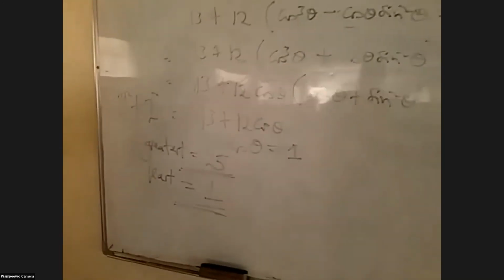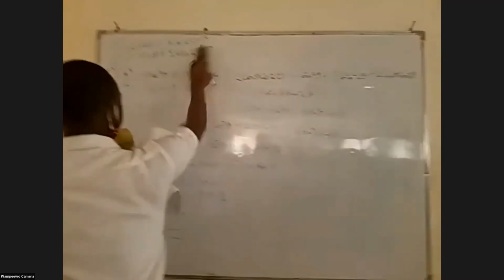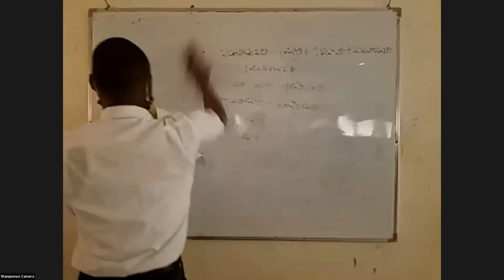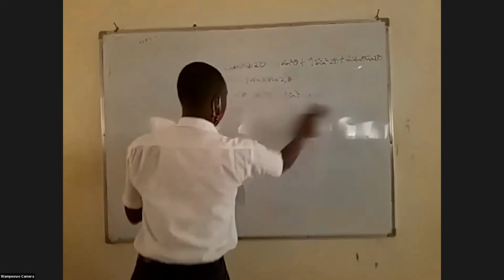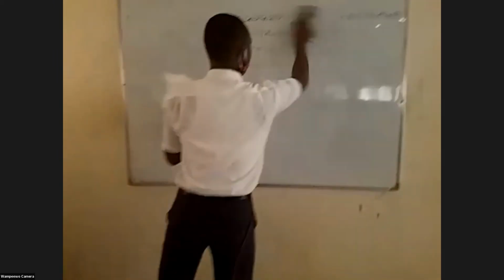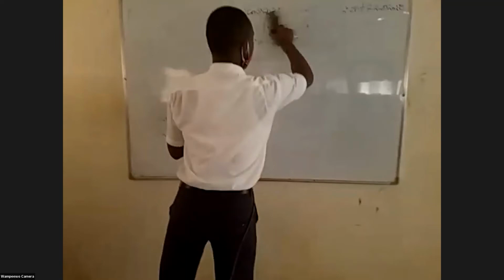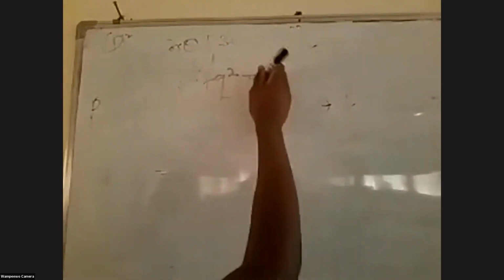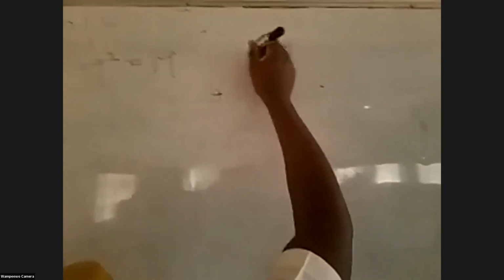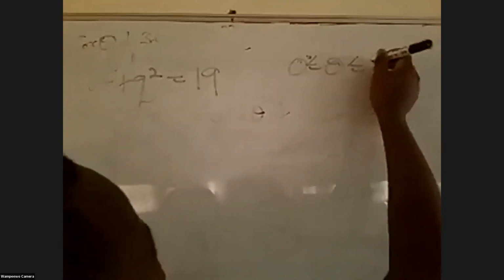And part 2 of the question was saying that P squared plus Q squared is equal to 19, for ranges of theta of 0 degrees less than or equal to theta, less than or equal to 90 degrees.